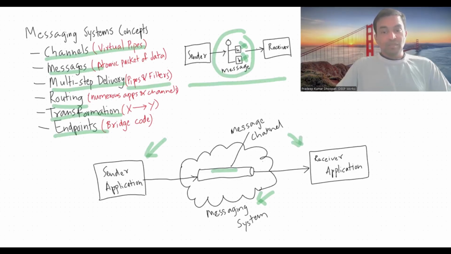And this is a virtual pipe which will be connected from the messaging system to the sender application, and on the other side, it is connected to the receiver application. I would stop here and maybe dig deeper into these messaging concepts in the coming sessions.